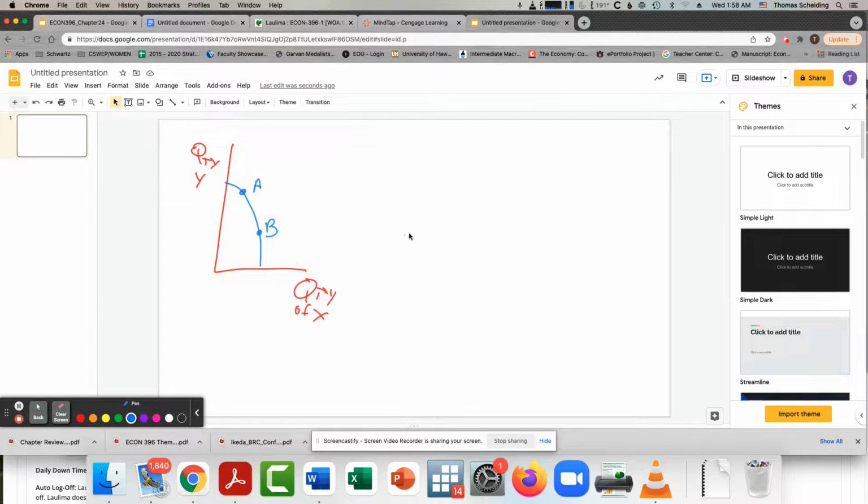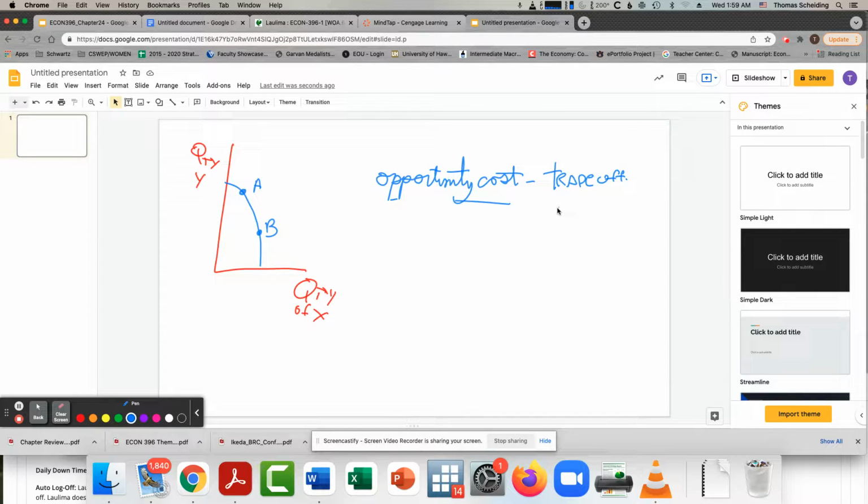The idea of the opportunity cost is that there is a trade off. So when you see the word opportunity cost, I want you to think trade off.